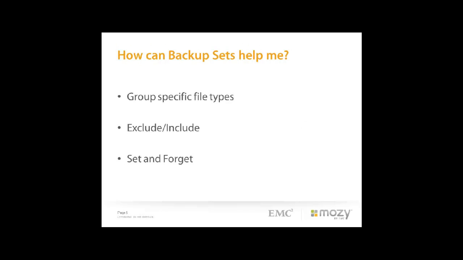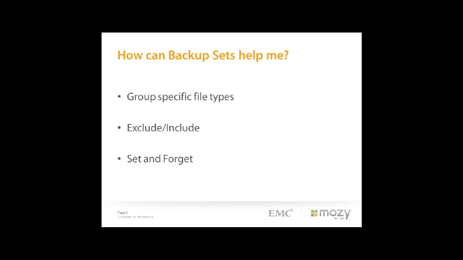So how can backup sets help me? We're going to look at what backup sets are and why there's an advantage to using them. Backup sets define collections of files by file type located in specific directories on the machine. So you can bunch together particular file types and set your search location over your entire machine.